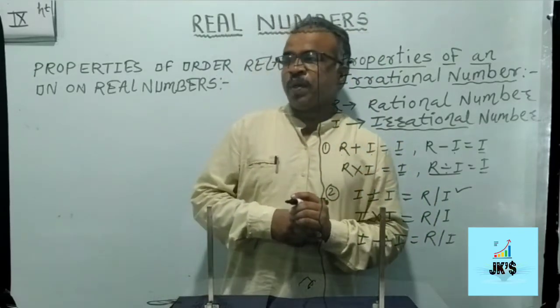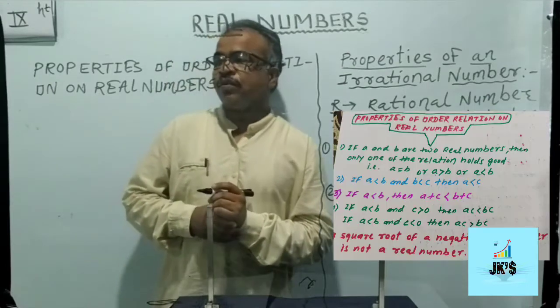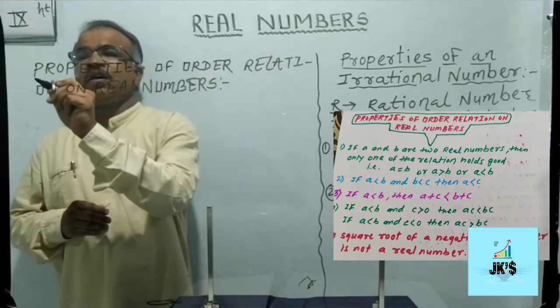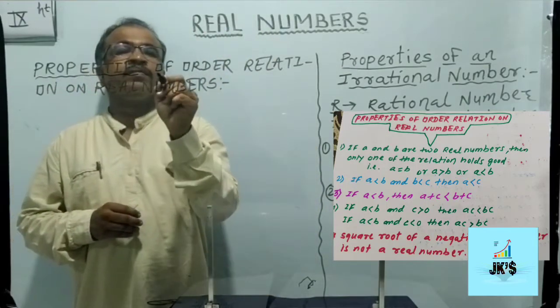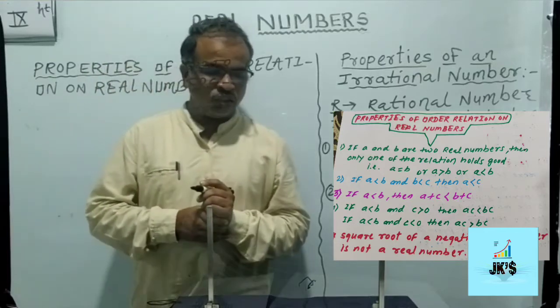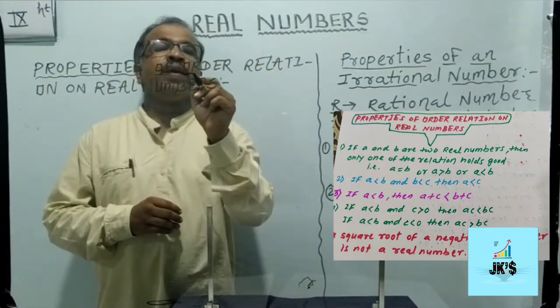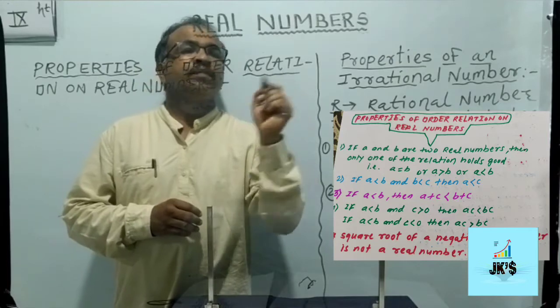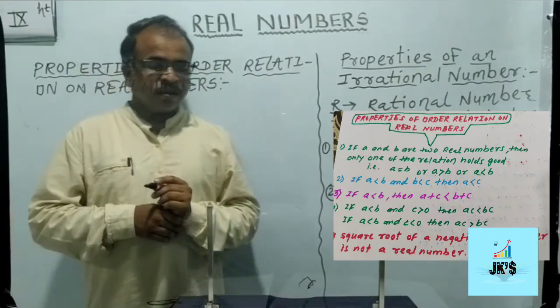Now, properties of order relation on real numbers. Order relation means their comparison, in short, or how we can operate on them.